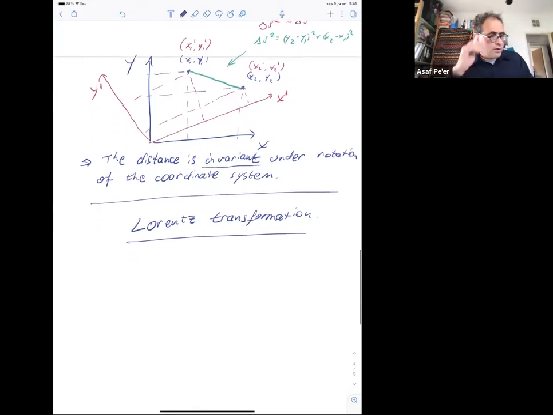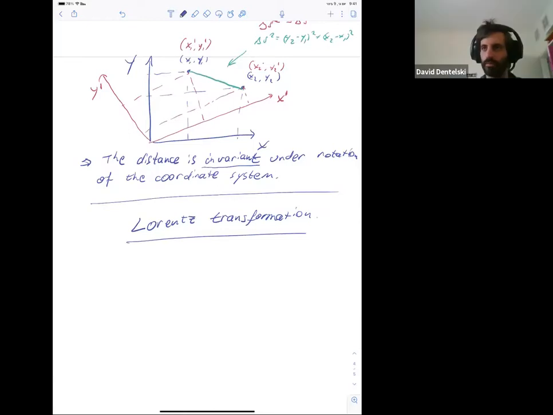Right. So the interval that we just introduced connects space and time into one four-dimensional space-time. How do we call this four-dimensional space-time? Minkowski, very good.